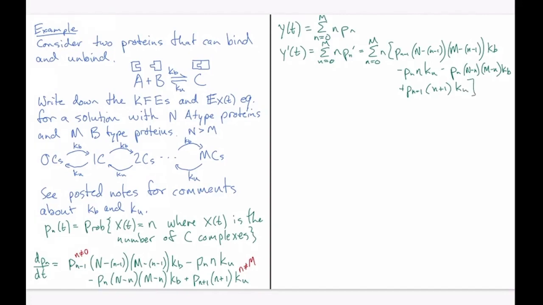And let's just keep in mind that if we ever see a P minus 1 or a P(M plus 1), we just have to ignore those because those are 0.